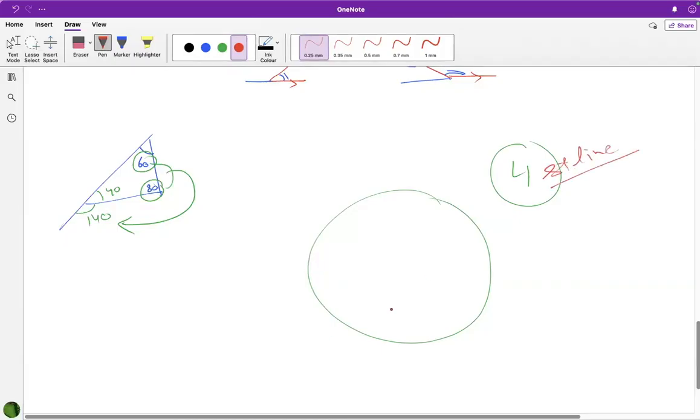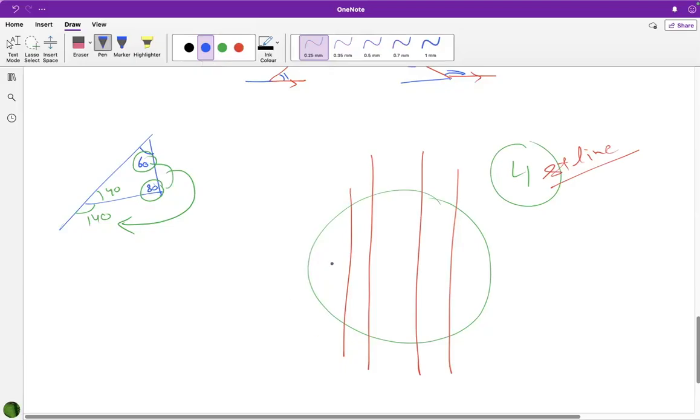No limitation of any length. For example, I draw it like this: 1, 2, 3, 4. How many parts am I getting? 1, 2, 3, 4, 5, right? So how many maximum parts can you make when you draw 4 lines?